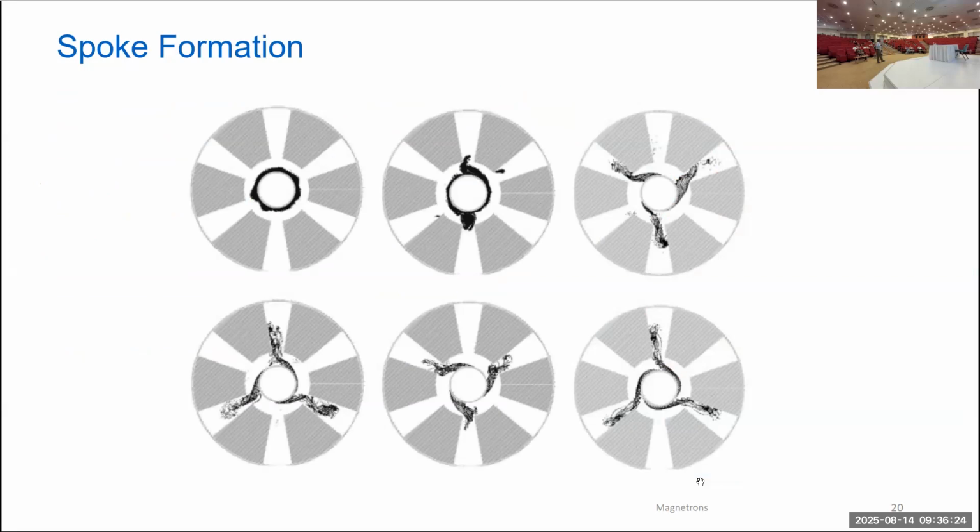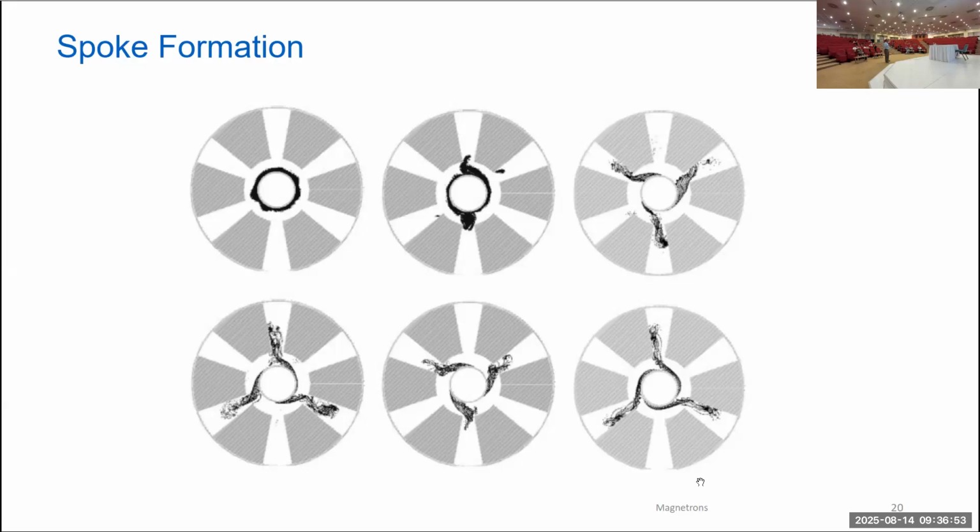When electrons move in this direction, just past the cavity, they are pushed back to the cathode due to the forces I showed you in the previous slide. And when they move here, they are again moving towards the cavity, and this spoke is circulating all around.